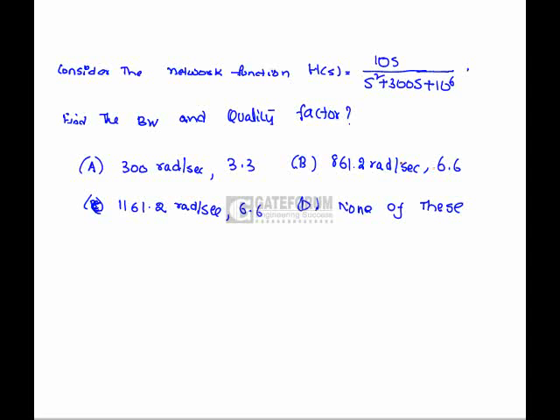The network function H(s) is given in the question itself. Find the bandwidth and the quality factor for the given network function. Here we know that bandwidth is nothing but resonant frequency divided by Q. The resonant frequency omega naught is nothing but 1 by square root of 10 power 6, that is 10 power 3 radians per second, and the bandwidth is 300.